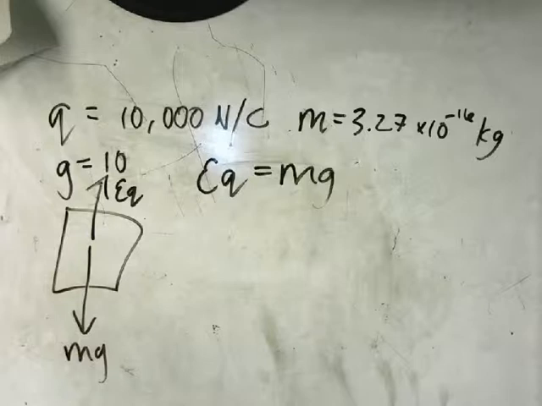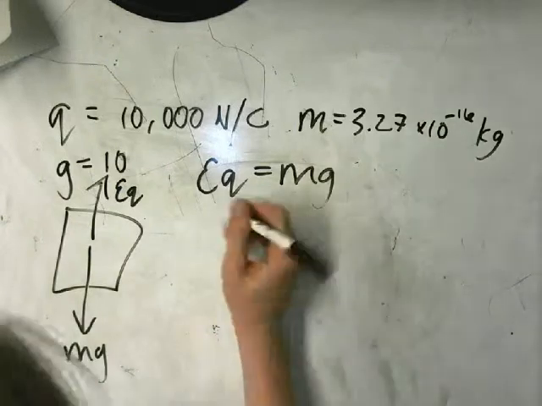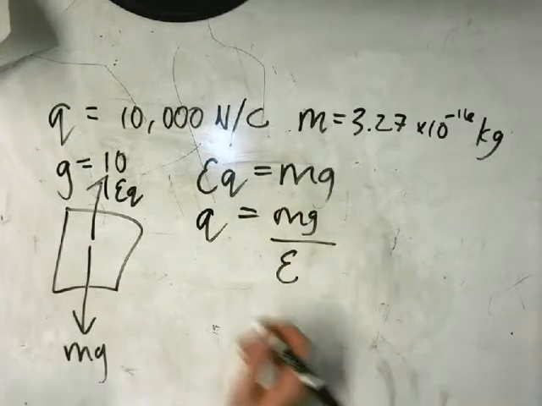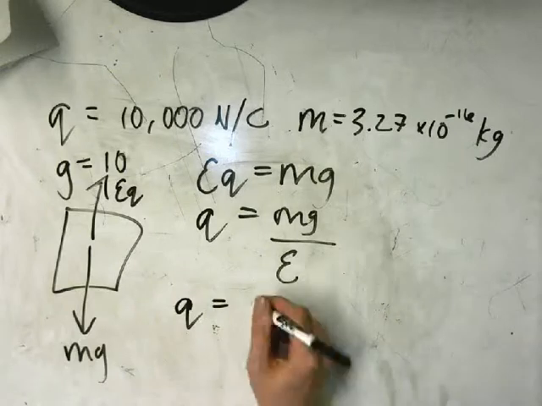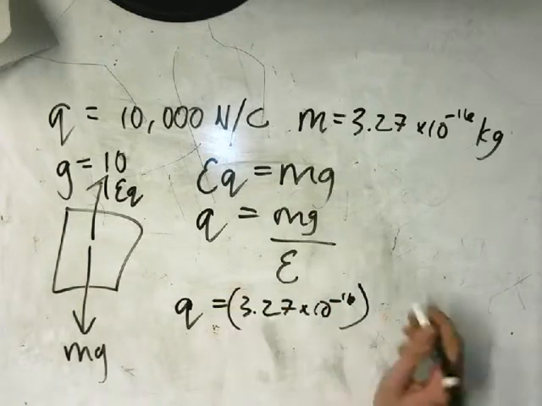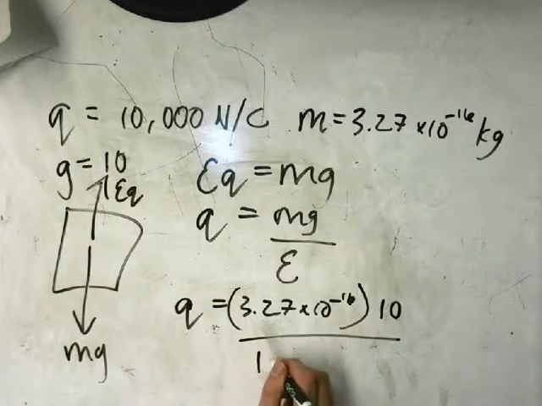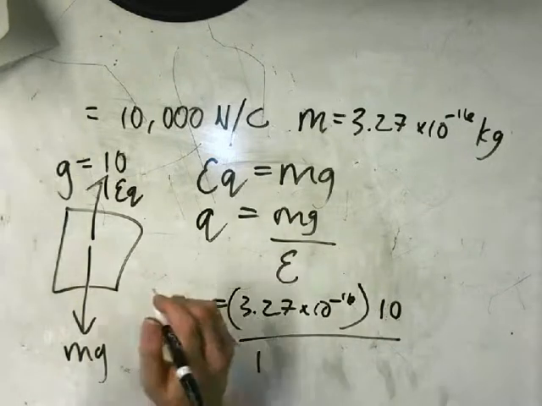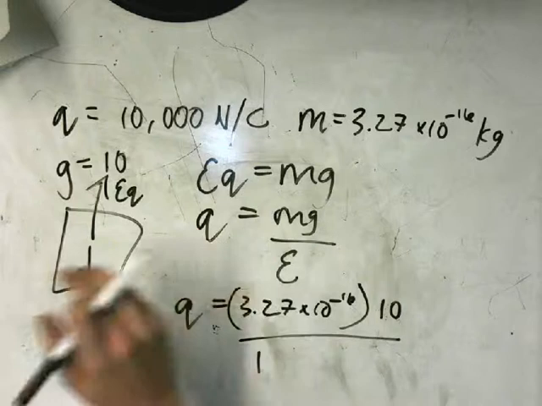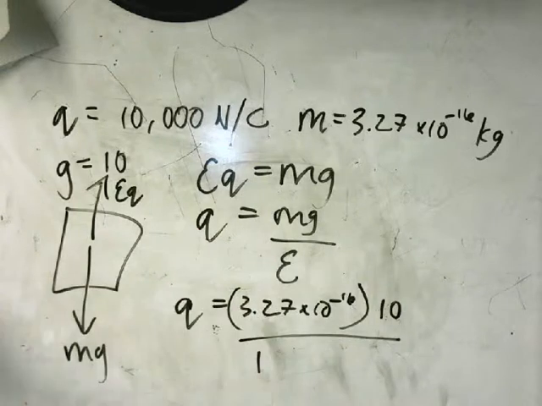So, now we just plug in what we know. We're solving for Q, so we have Q equals mg over E. And if we plug in what we know, then we get Q equals 3.27 times 10 to the negative 16th times 10 over, actually this is E, it's the electric field, my bad.